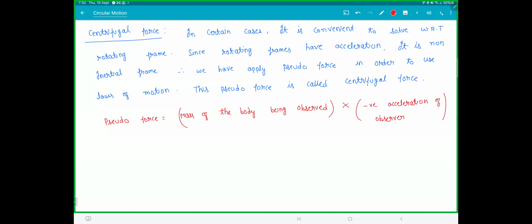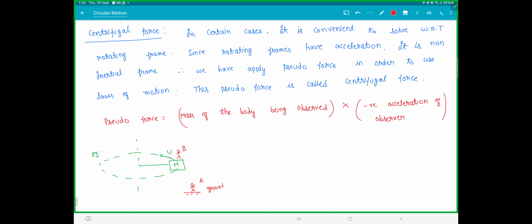So, look at this example. When we did this question, block M was on a string and was going in a circle. Now if you ask this to be solved by two people, let's say we have A on the ground and you make one more guy sit on the block B.